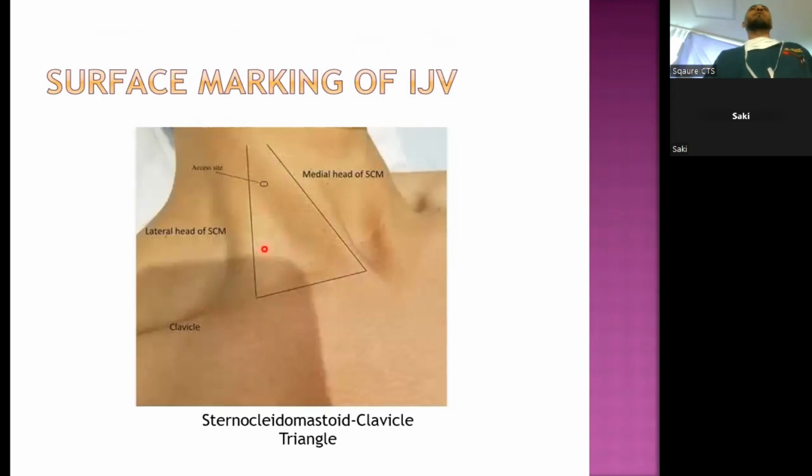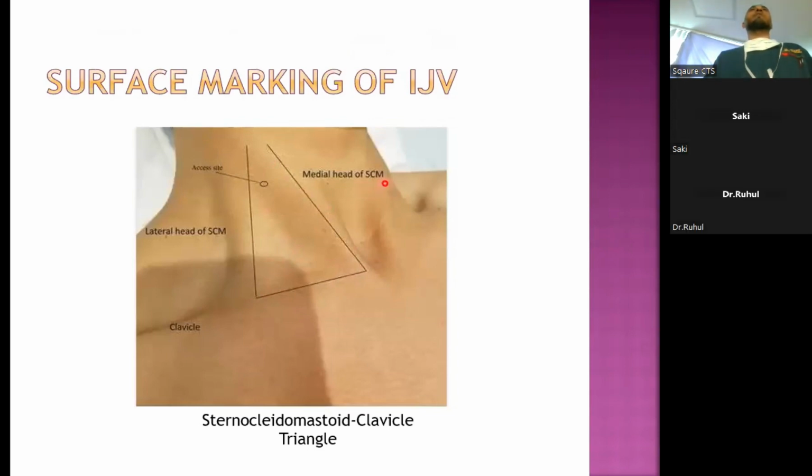It is formed by the sternal head and the clavicular head of the sternocleidomastoid. The base is formed by the clavicle, and the apex is formed by the two heads of the sternocleidomastoid muscle.